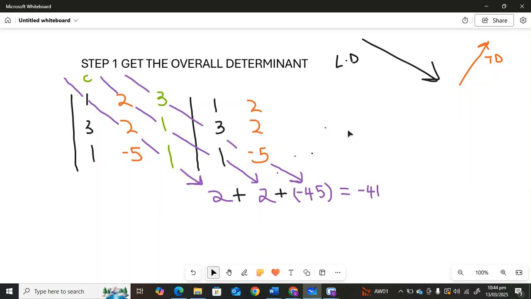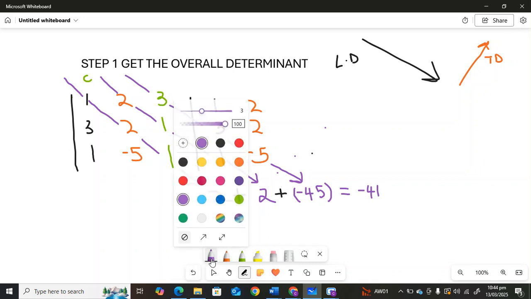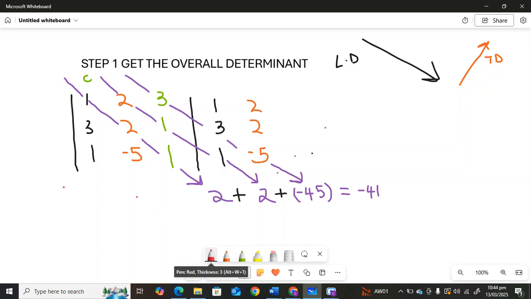Okay, so now we work with our trailing diagonals. One times two times three, you're going to get 3.